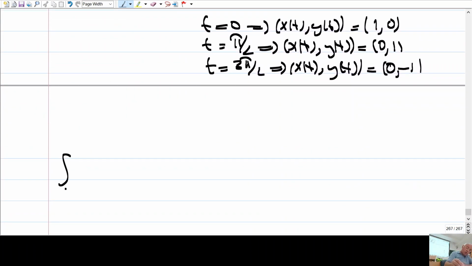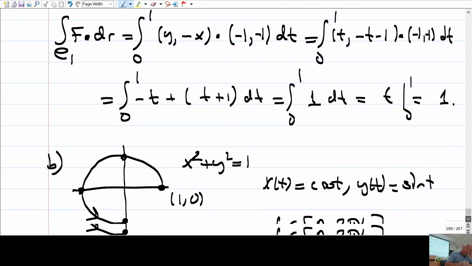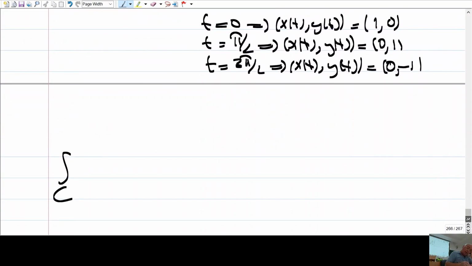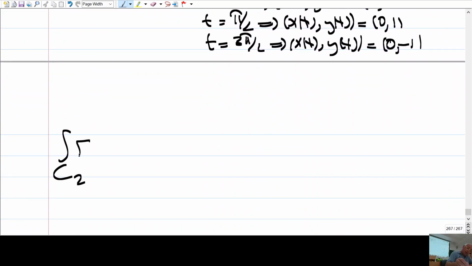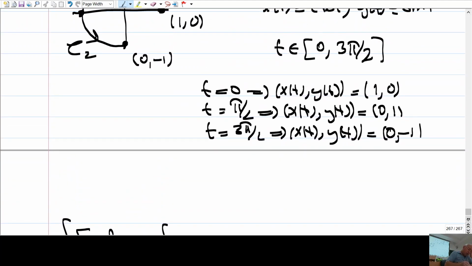So integral over C, we called this C1. We will call this C2. The integral over C2 of F dot dr is just then t from 0 to 3 pi over 2.